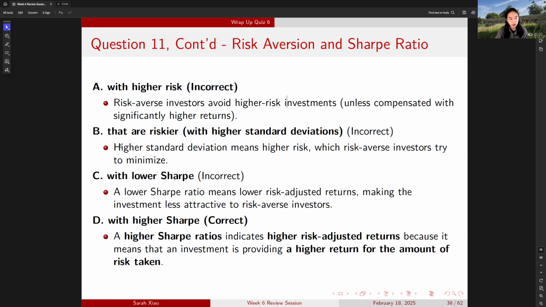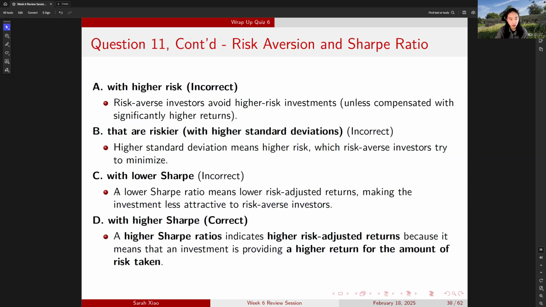And next, higher standard deviation naturally means higher risk. So higher risk is what the risk-averse investors try to minimize. So B is also incorrect.